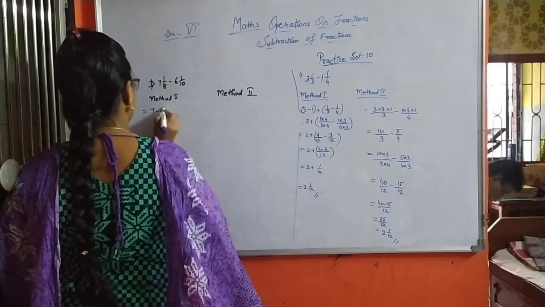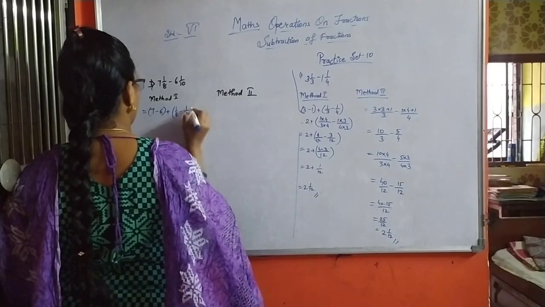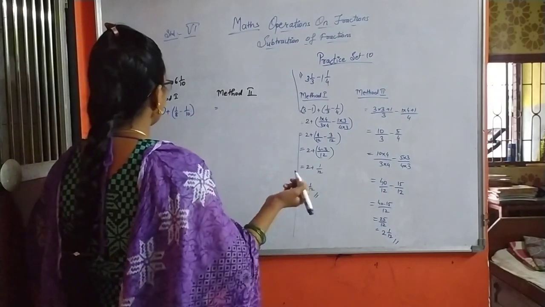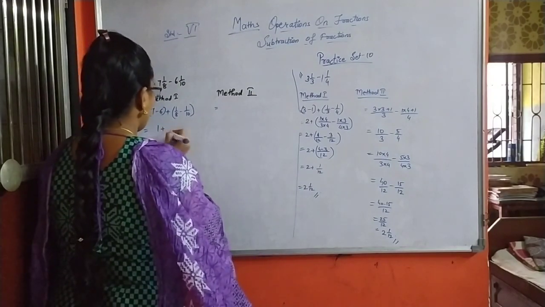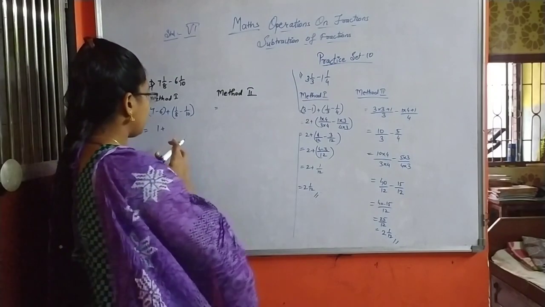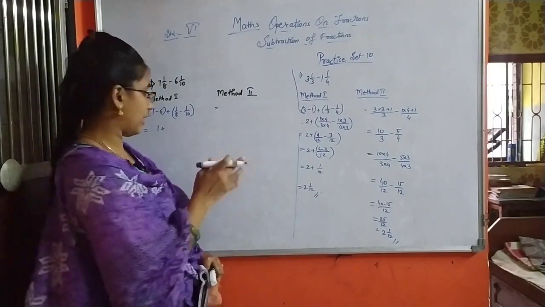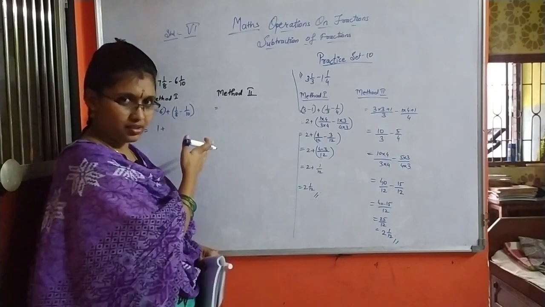So 7 minus 6 plus 1 upon 8 minus 1 upon 10. Method 2, we will do it later on. 7 minus 6 is 1. Again, 8 and 10 are different denominators. 10 doesn't go in 8's table, 8 doesn't go in 10's table.